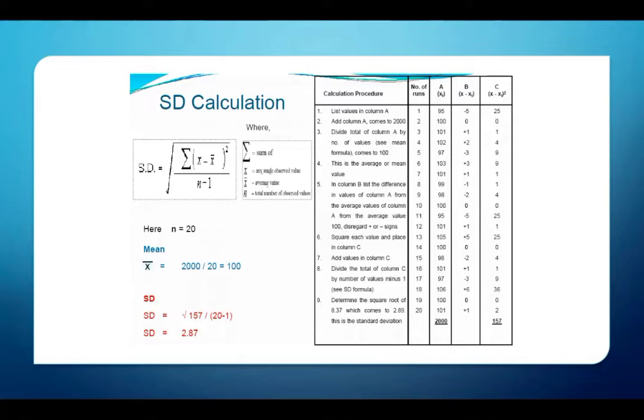And sometimes we use n, sometimes we use n minus 1. What is the difference? If our mean value is calculated from the data only, then we use n minus 1. If we are using some external mean, then it is n.